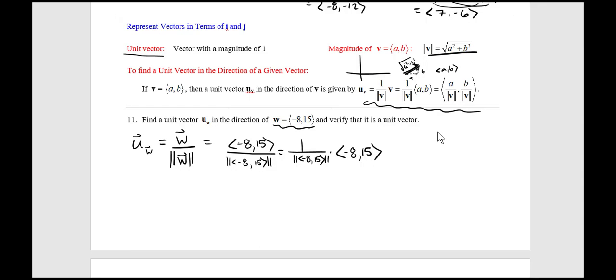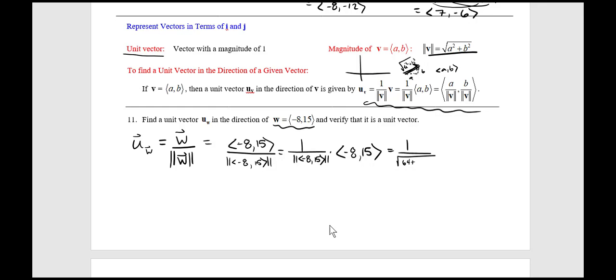All we're doing is taking this guy, which intrinsically has a length of w, and dividing out that length w. So once we have that, let's see what we get. We need to figure out the length of this vector so we can divide by the correct number. The length of our vector is negative 8 squared is 64.